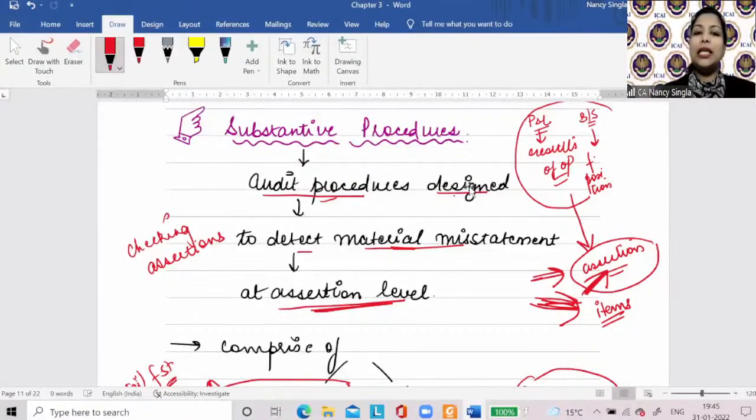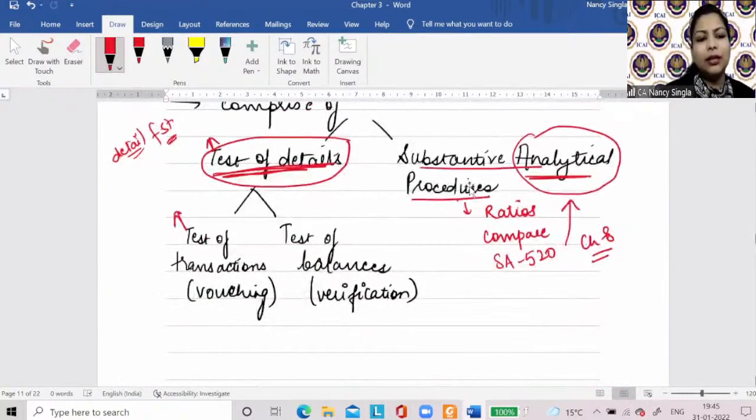Okay? Checking each and every transaction is test of details; calculating the ratios is substantive analytical procedure; or a combination of both, depending upon the risk assessment procedures and the internal controls.